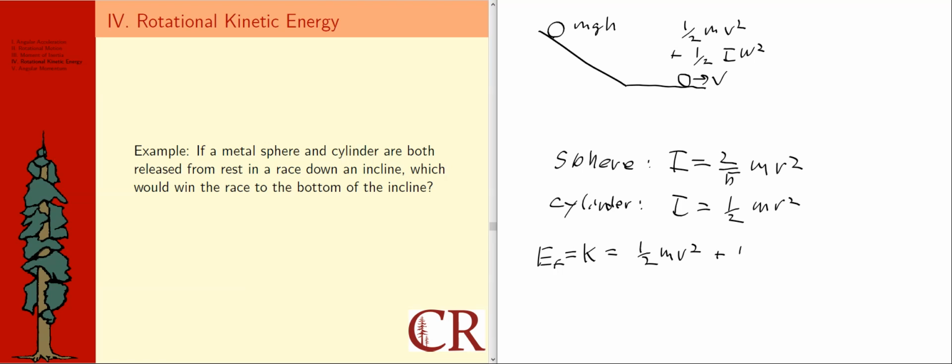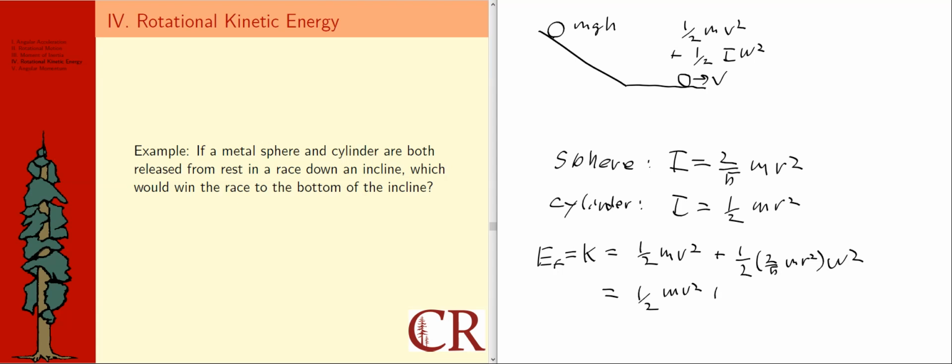The rotational part, using 1/2 I omega squared, and I said I would do this for the sphere, so we'll put in 2/5 m r squared times omega squared. But the thing is that this r squared with the omega squared, that really is just going to be a v squared, right? Because r times omega is v.